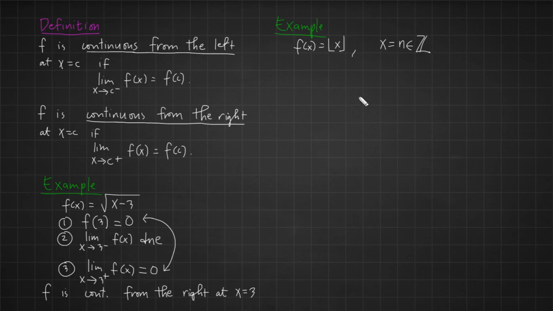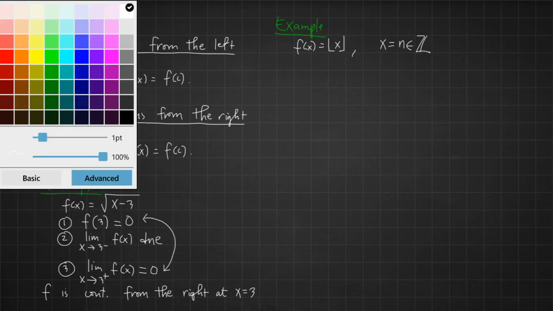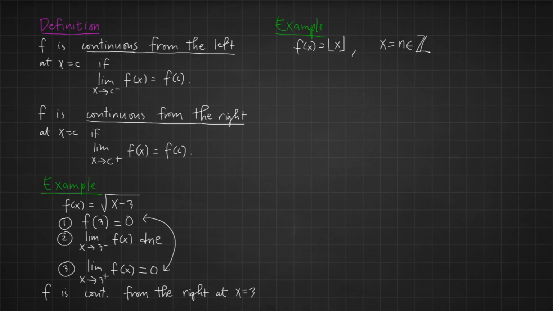So let's determine continuity at n. Now, well, alam natin na mukhang hagdan yung graph ng floor function. Okay. I think it will be helpful if we actually look at the graph. So let me just sketch the graph really quick.